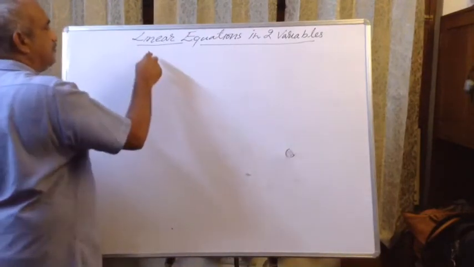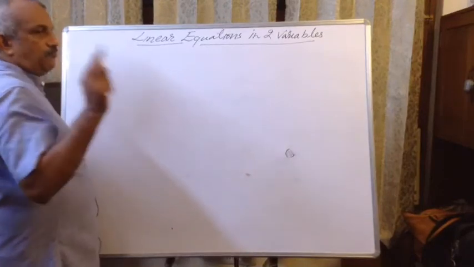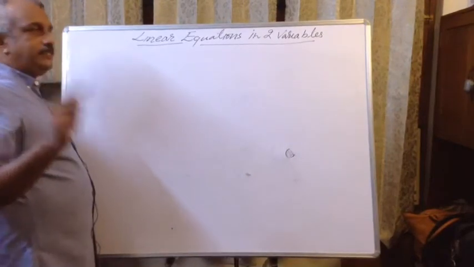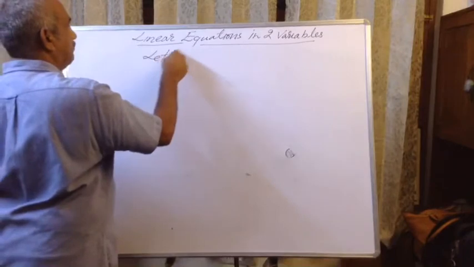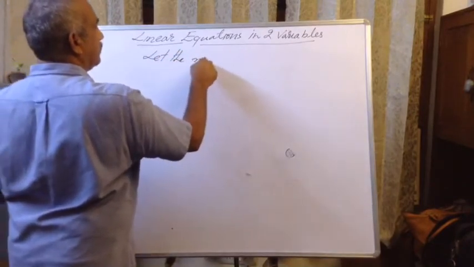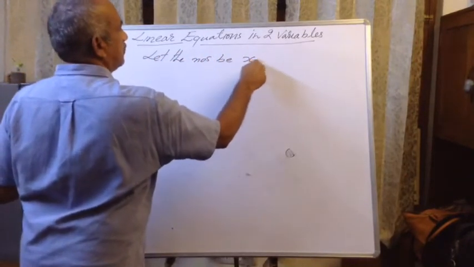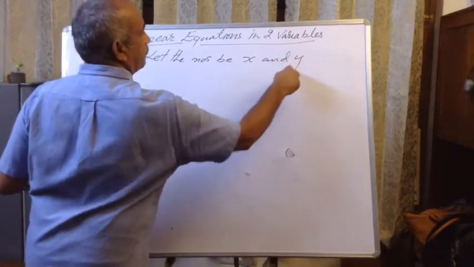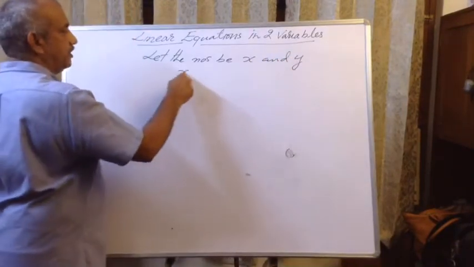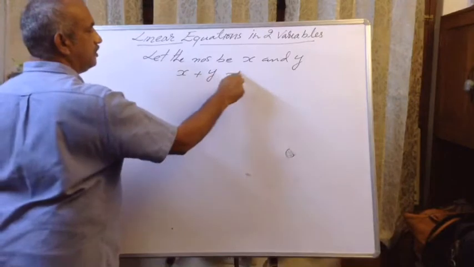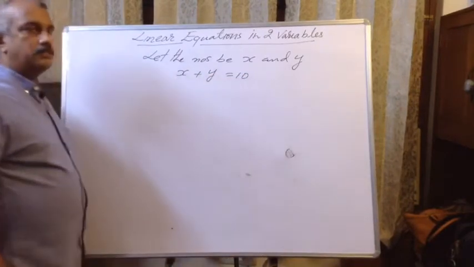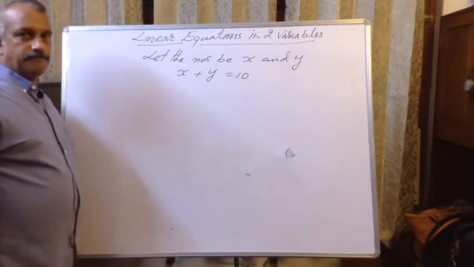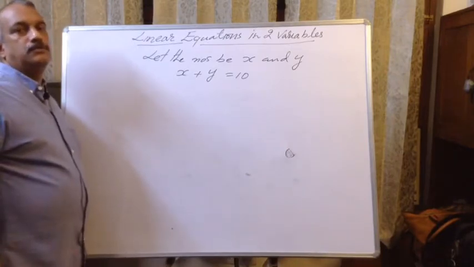So we will assume, let the numbers be x and y. So what is the equation? x plus y is equal to 10. This is the equation. So like this we can convert statements into equations.